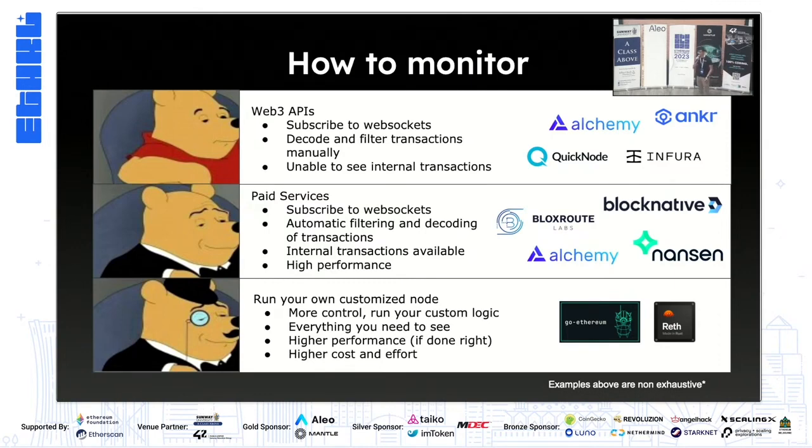As such, you have more control. You can do pretty much everything there. Everything you need to see is already there. If done correctly, it can give you higher performance, but at the same time, it results in more effort and cost from your side, because running a node requires a pretty high performance machine, and also you need someone to maintain it. So purely due to economies of scale, you might be better off using paid services for most people.